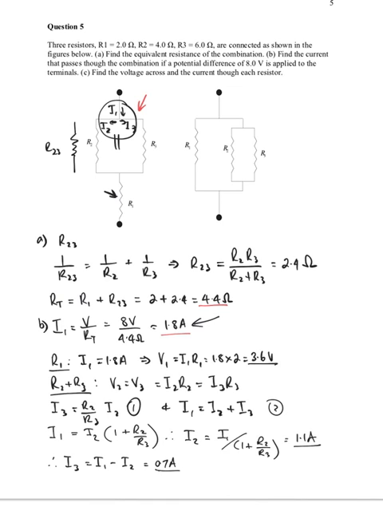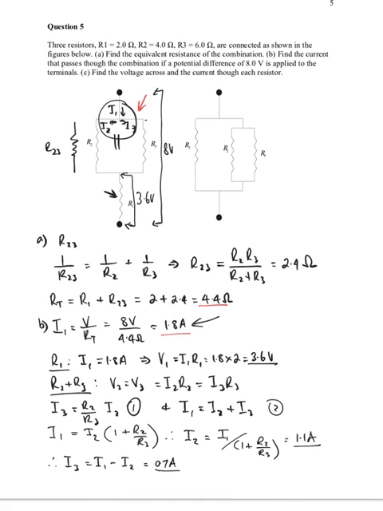And the last thing we're asked to do is find the voltage drop. And we know the voltage drop across R2 and R3 is equal. We also know that the total voltage drop, from here to here, is 8 volts. The voltage drop from here to here, we worked out earlier as being 3.6 volts.